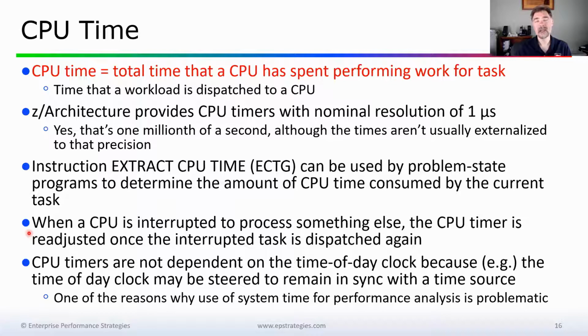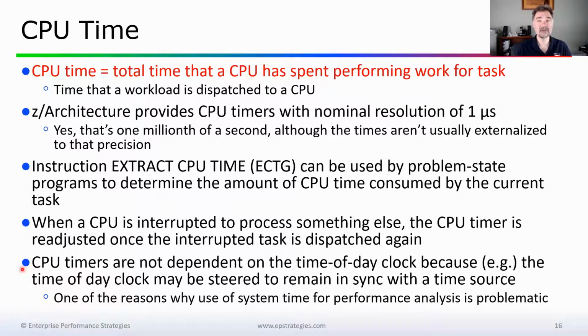In other words, for a given task, its CPU time is not influenced by being dispatched here, getting interrupted to do an I/O, and coming back. The task CPU time is still accurate for the amount of time that task spent on the CPU.